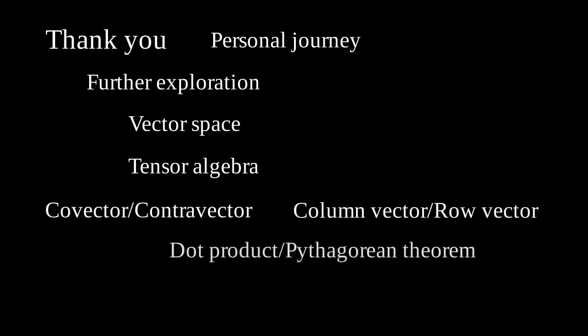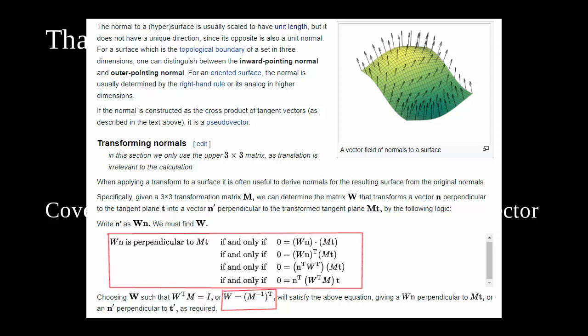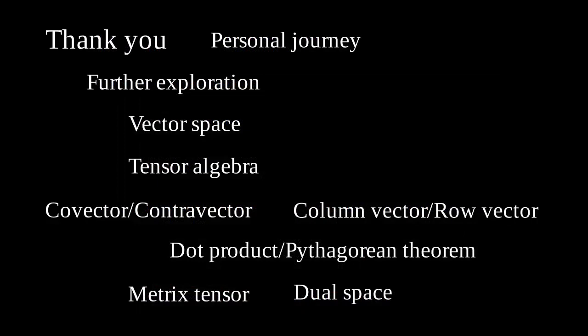I didn't need a metric tensor since it is always an identity. I didn't need dual space and therefore I didn't understand my university vector space course. On the Wikipedia page, my discoveries in this video are explained in just 4 lines. Now I can see it, but I never understood it before my journey. My journey has helped me.